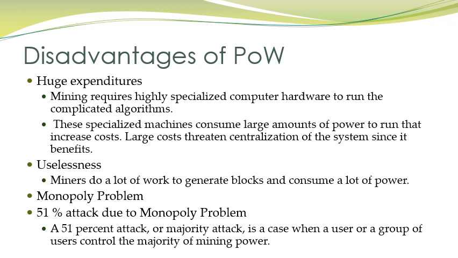This monopoly problem arises because these people own high performance computers and control the system. So this will create a monopoly in the Bitcoin network for the consensus mechanism. A 51% attack or majority attack is a case when a user or a group of users control the majority of mining power. This is the majority monopoly problem. A group of people that has powerful hardware can control the overall mining system.